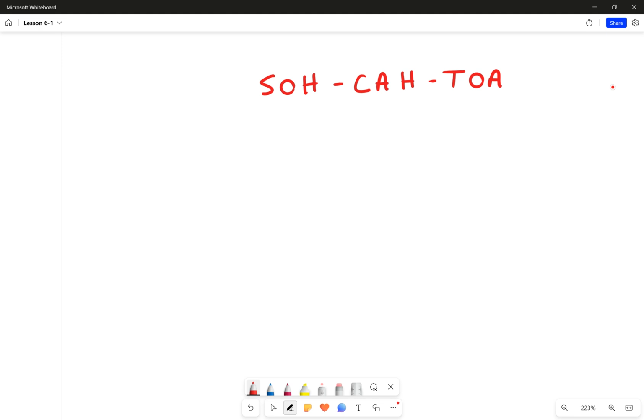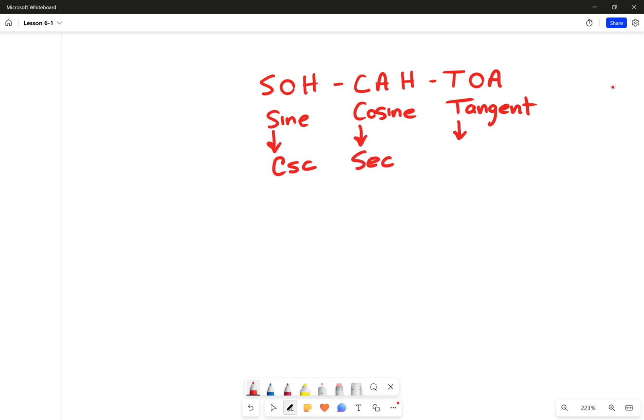So I know that this is my sine, this is my cosine, and this is my tangent. So the reciprocal of sine has to be cosecant, CSC. The reciprocal of cosine has to start with an S, SEC, and the reciprocal of tangent is cotangent, COT.